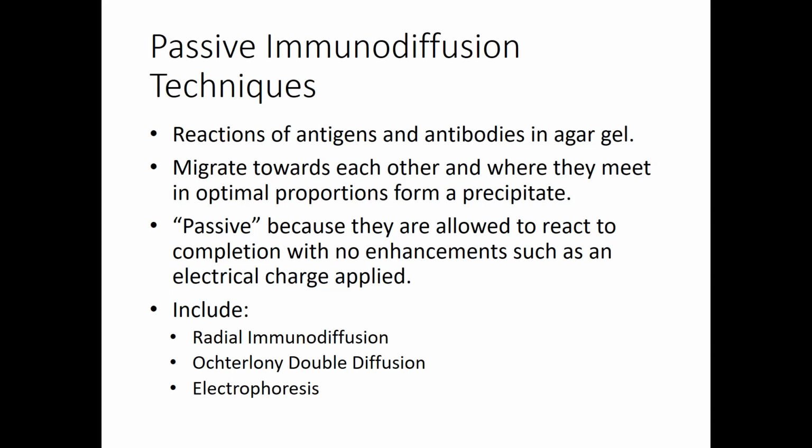And if we look at our table, passive immunodiffusion are a number of techniques where we're going to put antigens and antibodies into an agar gel. They migrate towards each other within the gel, and when they do, we actually see the formation of immune complexes within the gel.